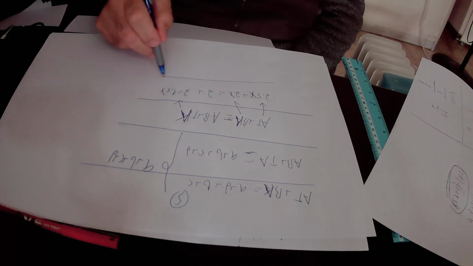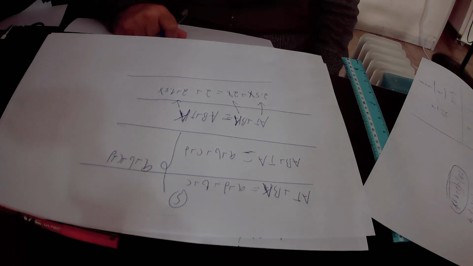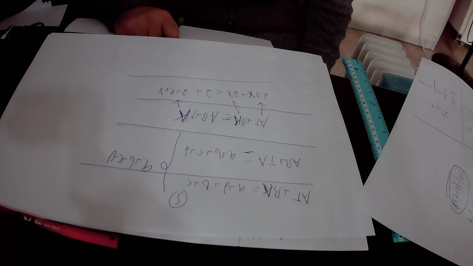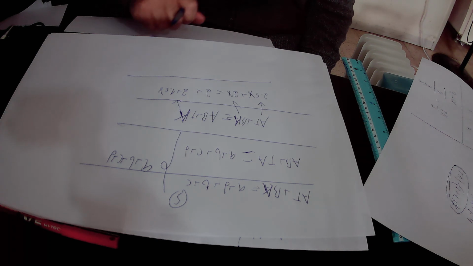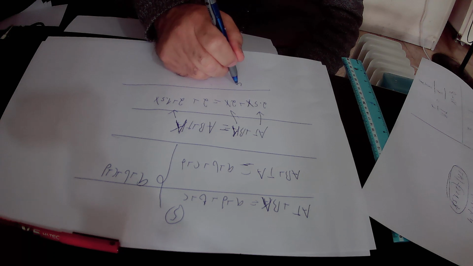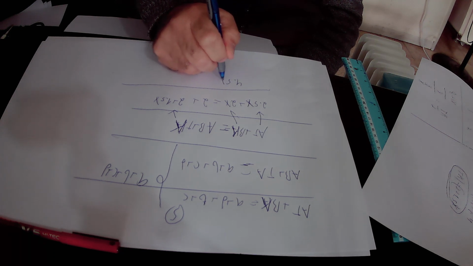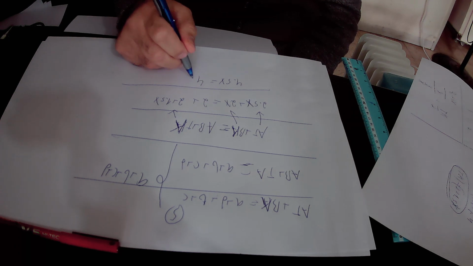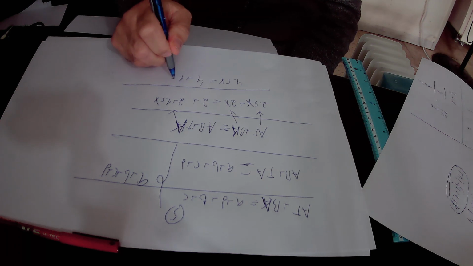In conclusion, we found out that 2.5x plus 2x equals 2 plus 1.5x. So 2.5x plus 2x is 4.5x. And it is equal to 2 plus 2 is 4 plus 1.5x.